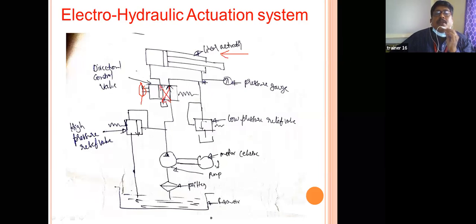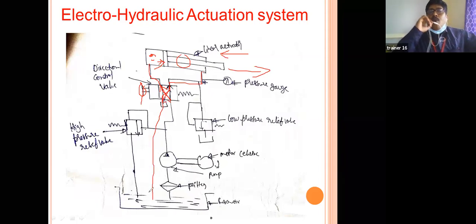Now the pressurized oil enters in this direction and the supply goes here, so it pushes the piston in this direction. Whatever pressurized oil is on the other side goes out in this direction and to the reservoir. So now it is clear, right?